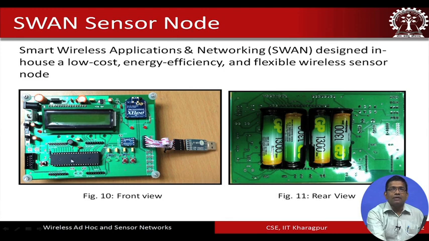Then we have seen that some kind of transceiver unit is used. By the way, the controller that we have used is the ATMEGA controller, and we have a communication unit for sending the sensed data, and over here it is shown that we are using the ZigBee communication unit, but it does not have to be ZigBee. One could use other types of communication units based on maybe Wi-Fi or even GSM based communication.